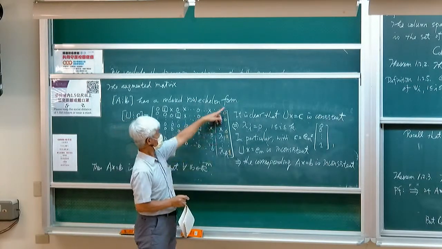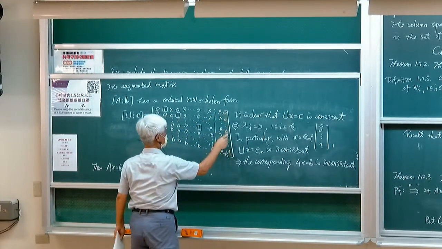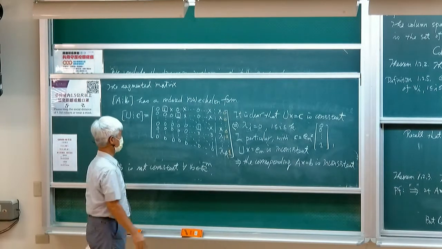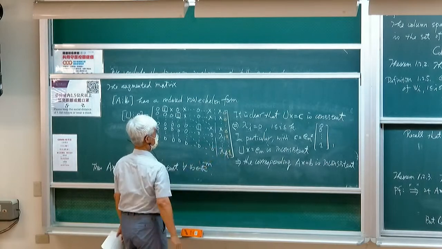This is the last column here, like 0, 0, 0, 0, 1, and this one is a pivot.